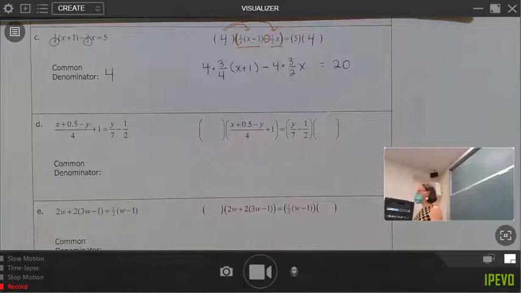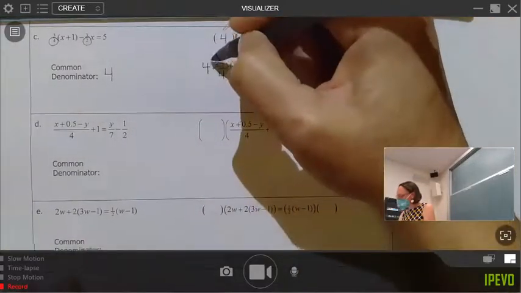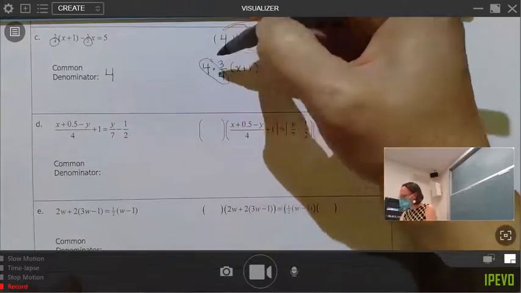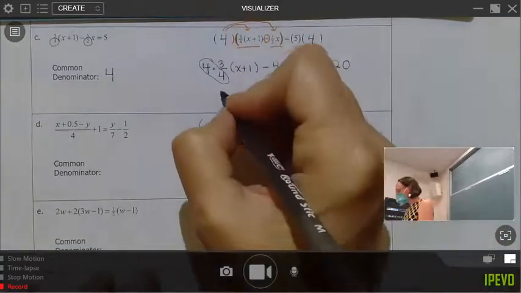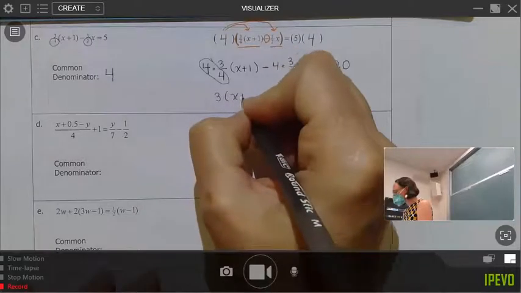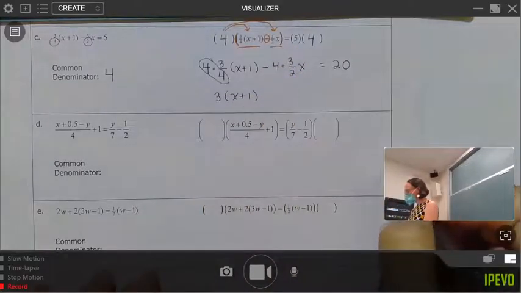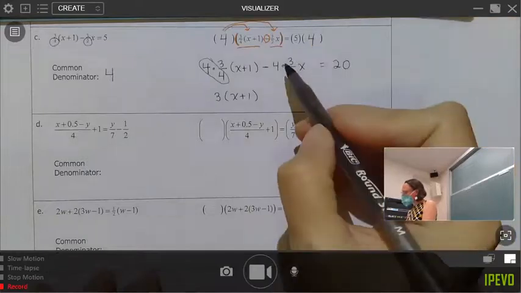Now the objective is to get rid of the fractions, which means I'm now going to look at that 4/4 and say that's 1. So I've got 3 times x plus 1. And I'm going to look at this.